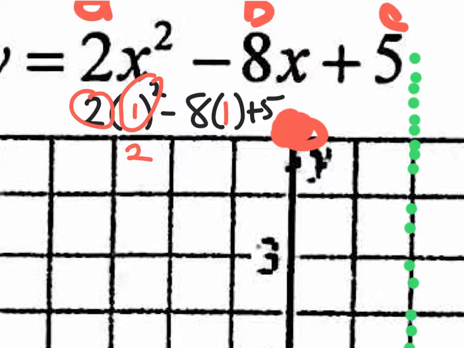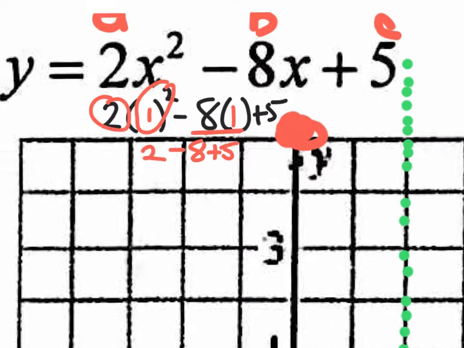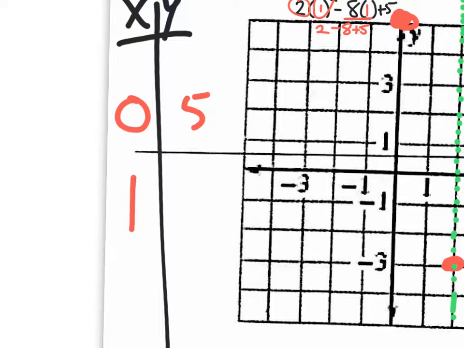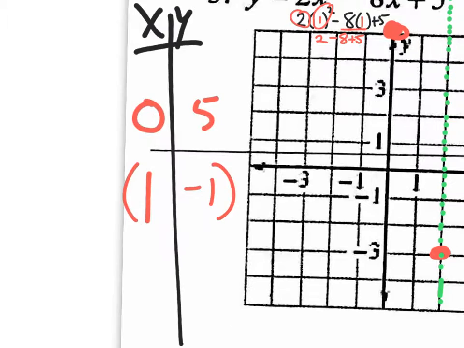So we have a 2 right there. And then 8 times 1 is 8, but with the minus sign. So you have 2 minus 8. Bring down the plus 5. So 2 minus 8, that's negative 6. And negative 6 plus 5 is negative 1. So my output's going to be negative 1. So when I plug in a 1, I get out a negative 1. And that is another coordinate right there.